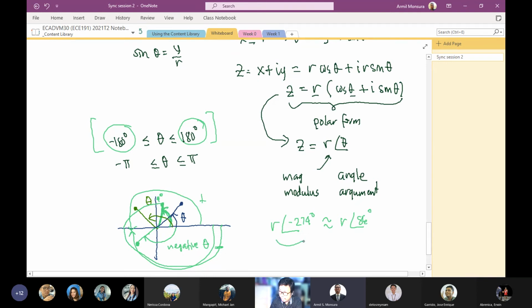So itong dalawang yan, provided na pareho yung R nila, then these two notations would pertain to the same number. Is this clear?